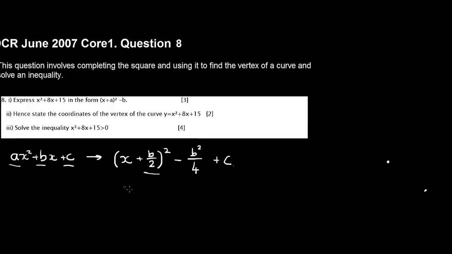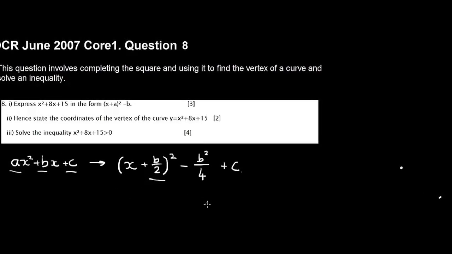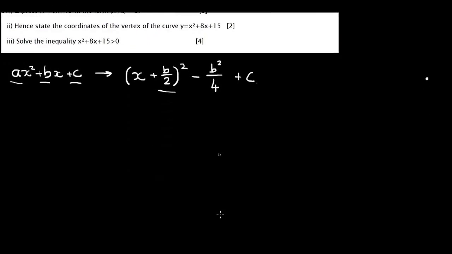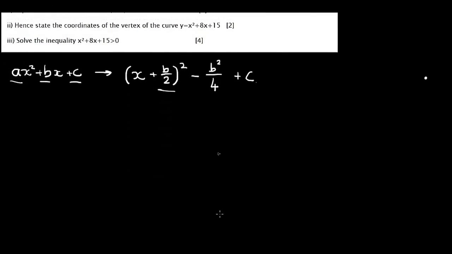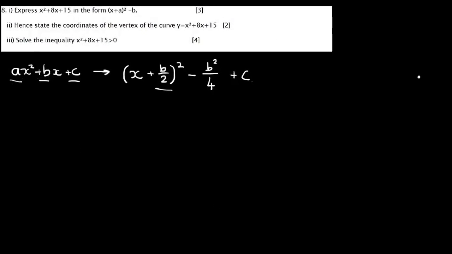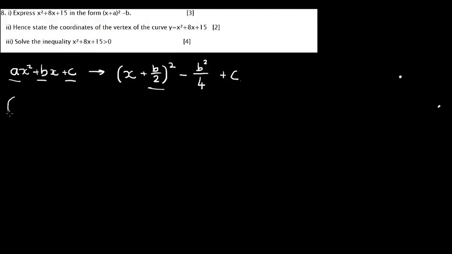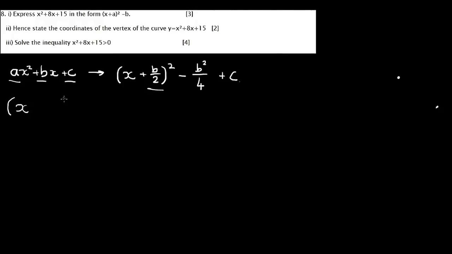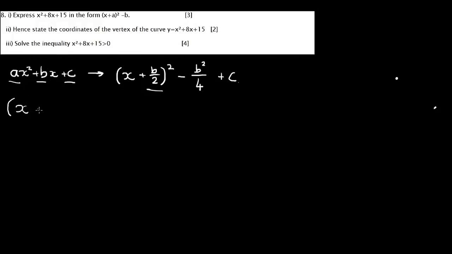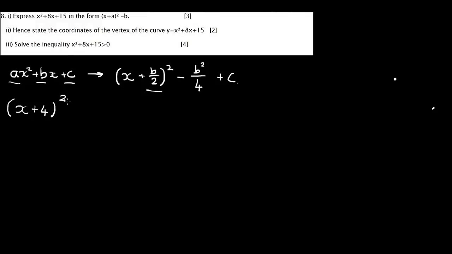So if we apply that now to the expression that we're given, we get x plus b over 2. Well, b is, in our case, 8, so b over 2 is 4. That's all squared.